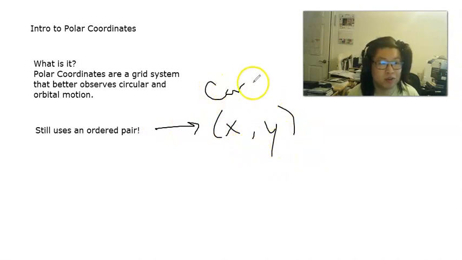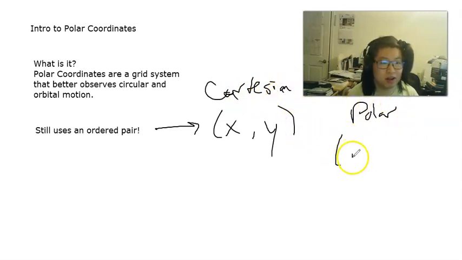This is the Cartesian version, the traditional version we've all grown up with and loved since Algebra 1. Here's the polar version. We're going to have an r in our first slot and theta in our second slot.